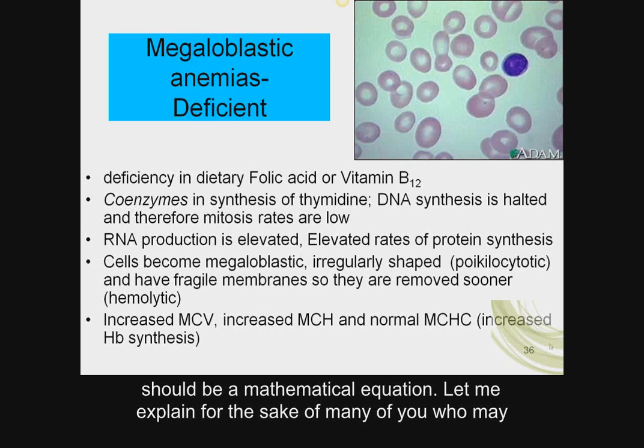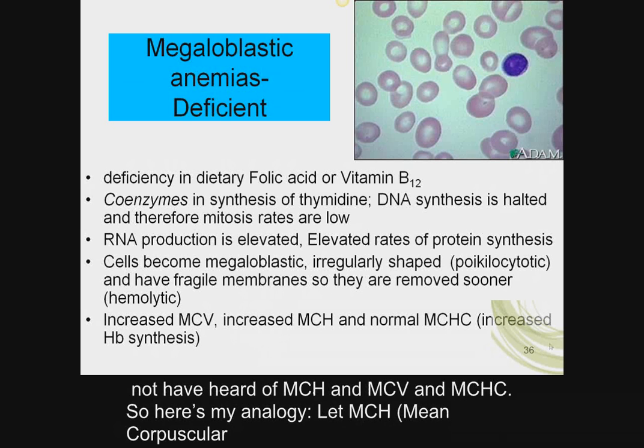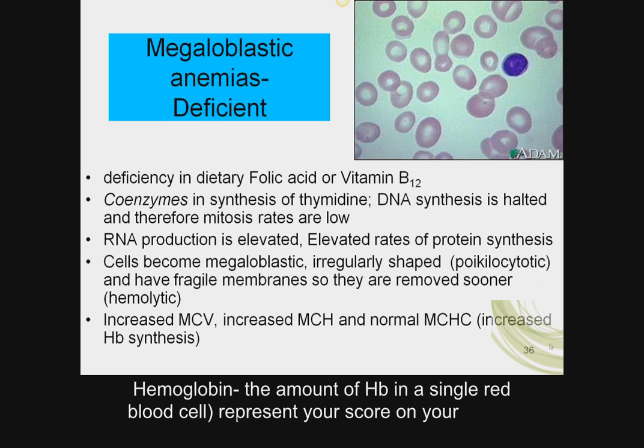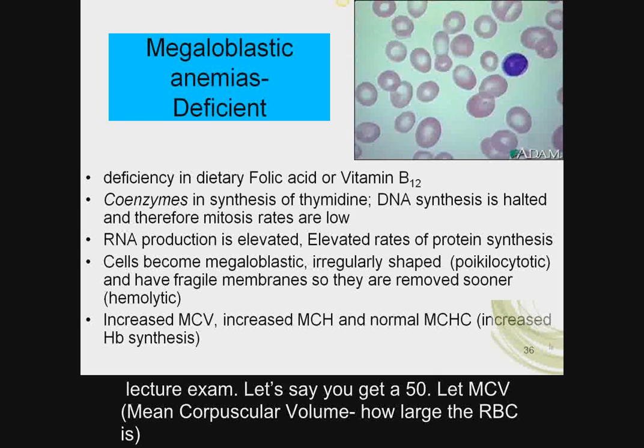Let MCH, mean corpuscular hemoglobin, the amount of hemoglobin in a single red blood cell, represent your score on a lecture exam. Let's say you get a 50. Let mean corpuscular volume, how large the red blood cell is, be represented by the amount of points your lecture exam is worth. Let's say it's worth 100 points.